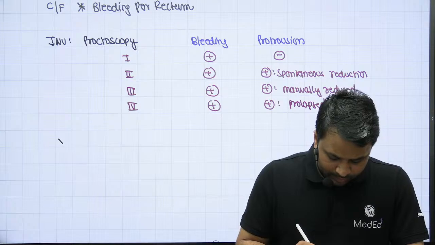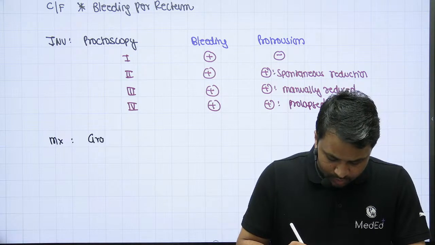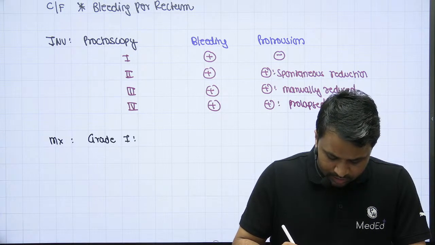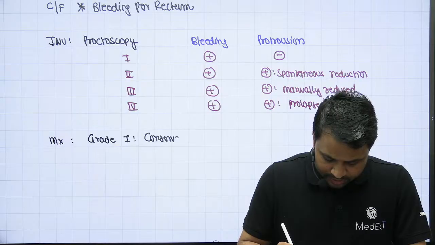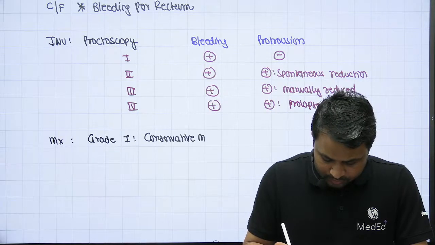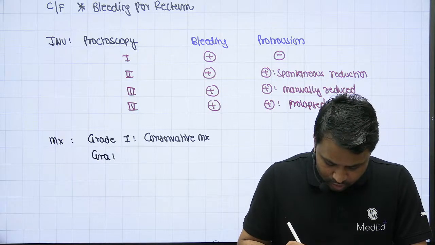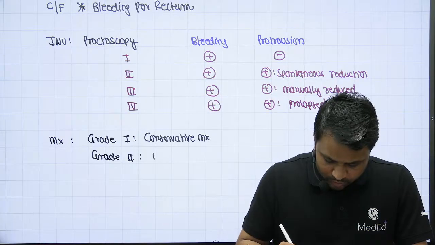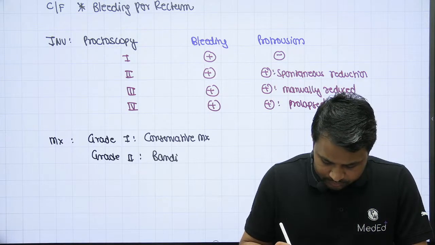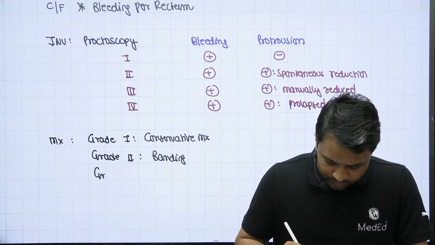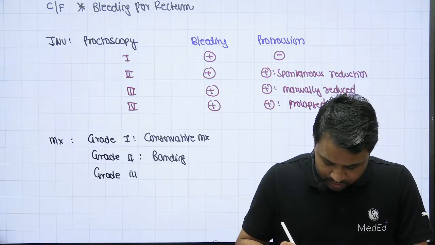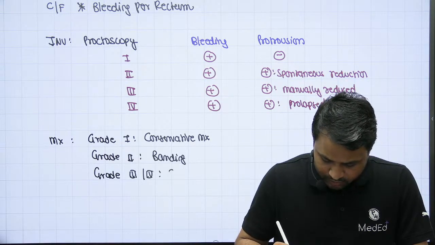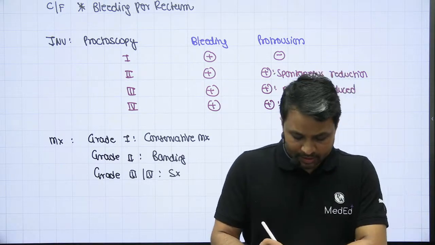Management of the hemorrhoids. When it comes to grade 1, it is conservative management. Grade 2, we can do banding. Grade 3 and grade 4, we have to do surgery. Remember the surgeries that you can do.